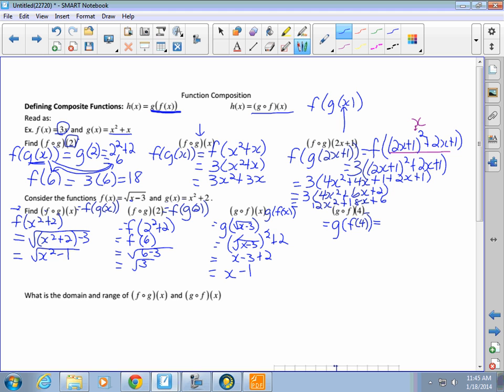So this is going to be g of square root of 4 minus 3. Sorry, that should be 4 minus 3, that's my mistake. Let's put my answer in. 4 minus 3 is 1, and the square root of 1 is 1. So I'm actually calculating the g of 1. If I substitute a 1 in there, I have 1 squared plus 2, so that equals 3.